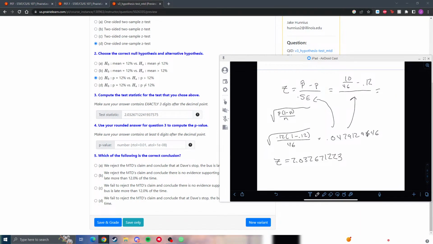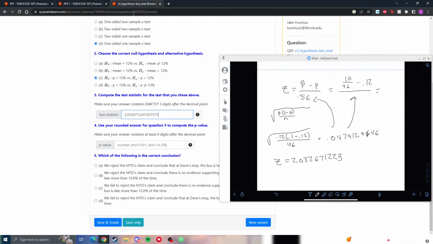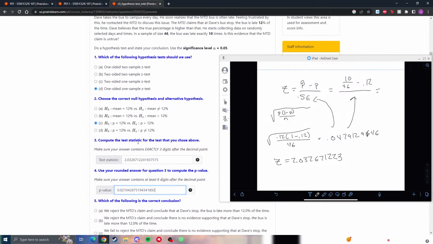And then our p-value. We're doing greater than, and CDF gives you the area to the left, but we need the right, so we do 1 minus norm.cdf of our z-score, and we get 0.02. Is it less than our alpha?